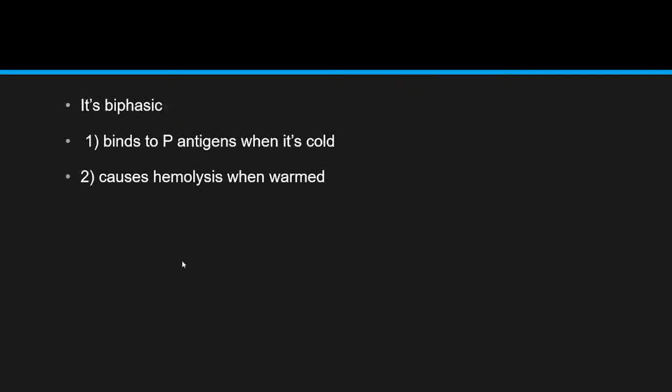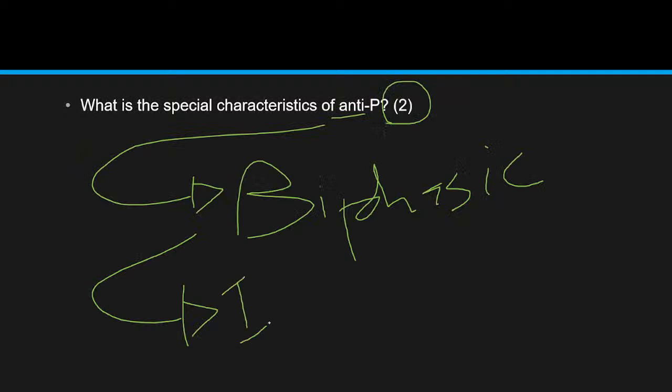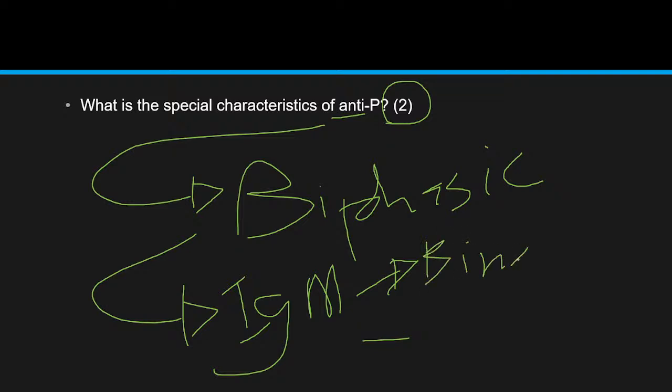It is an IgM class molecule that can react two different ways. When it's cold, it binds to the antigen, at room temp na lang, RT. When it's not cold, it causes hemolysis. All right.